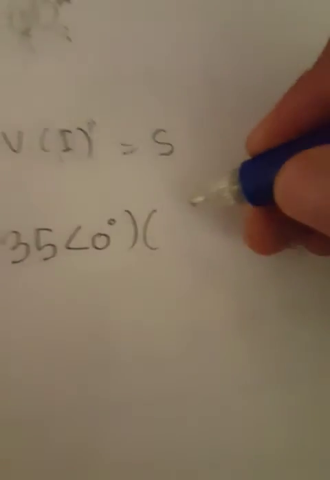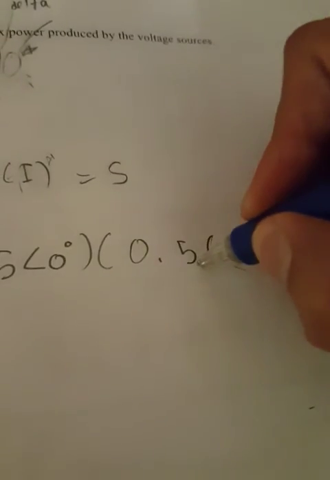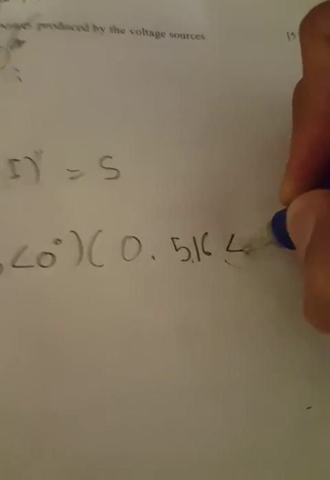So we just have to use this and plug it into our formula, which is 0.516, my bad. Our angle is negative 12.8, but remember, you see this star over here? This is the conjugate. If it's negative, it becomes positive, positive becomes negative.